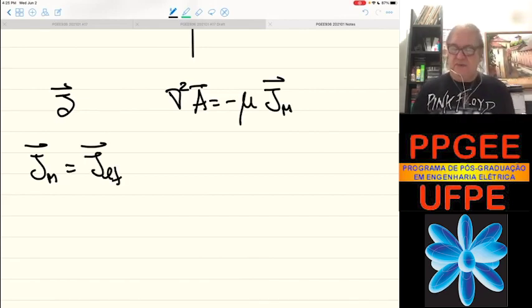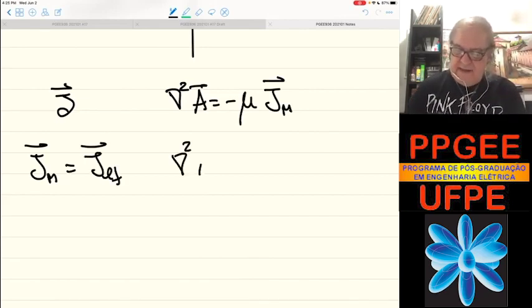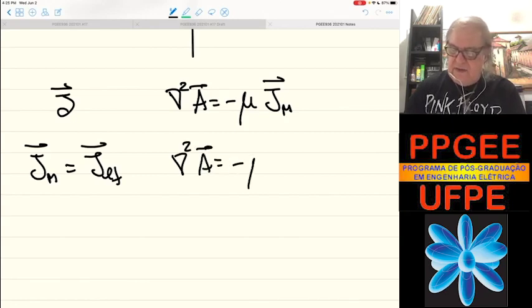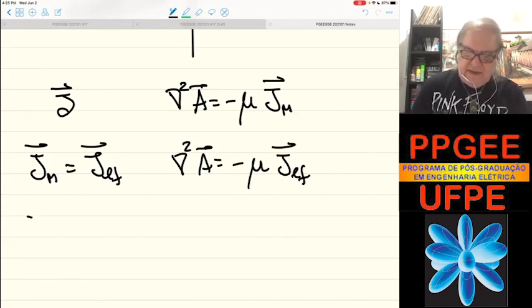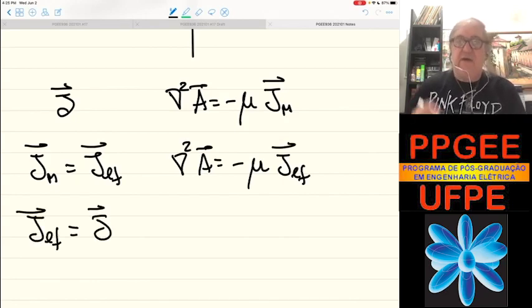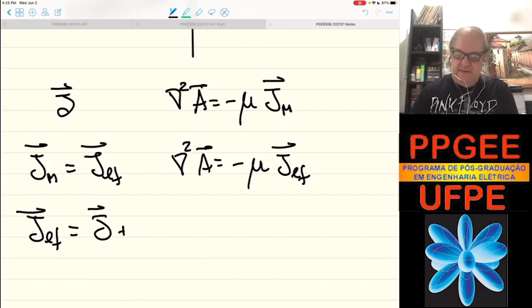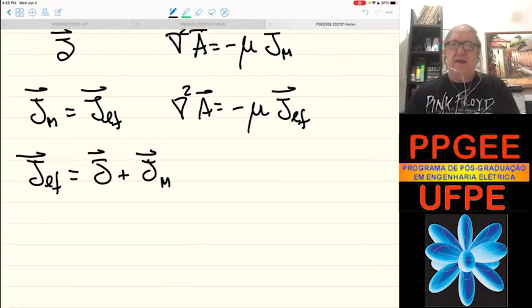That's all you have to do. So we have now Laplacian of A equals minus mu J effective. What is J effective? Well, J effective is the free current density plus the magnetization current density. And that's what you have to do.